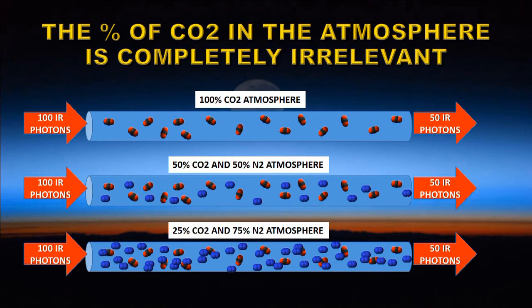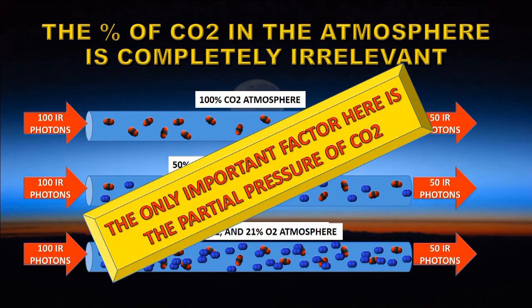Now you keep on adding other gases until you end up with the mixture that the Earth currently has, which is 0.04% carbon dioxide, 78% nitrogen and 21% oxygen. Oxygen and nitrogen being transparent to IR photons means that you'll still have, if you put 100 in one end, 50 out the other end, because the carbon dioxide in the atmosphere is still having that effect.